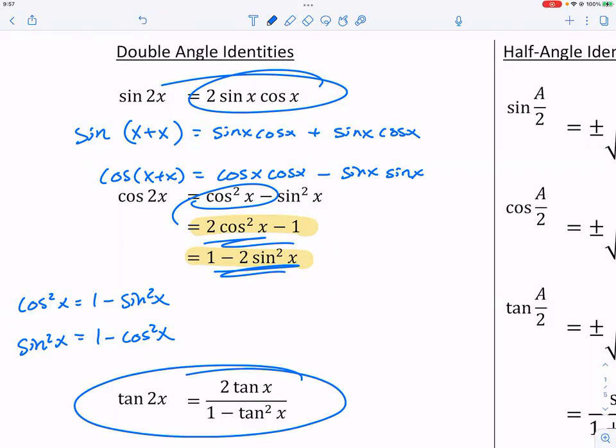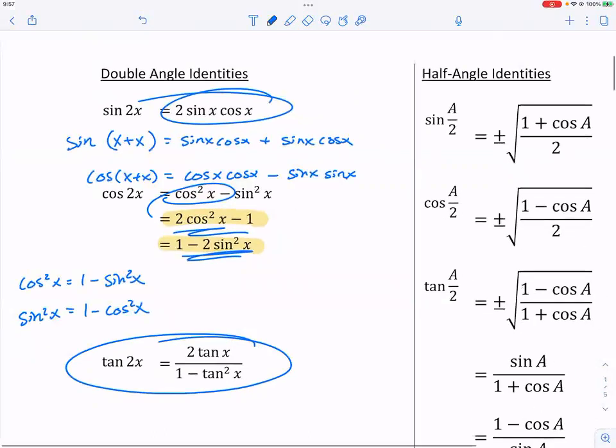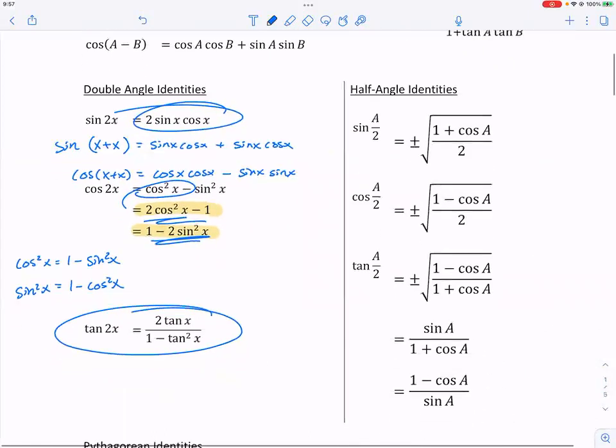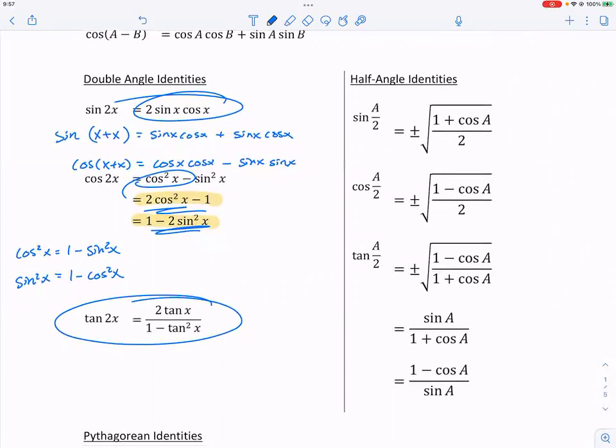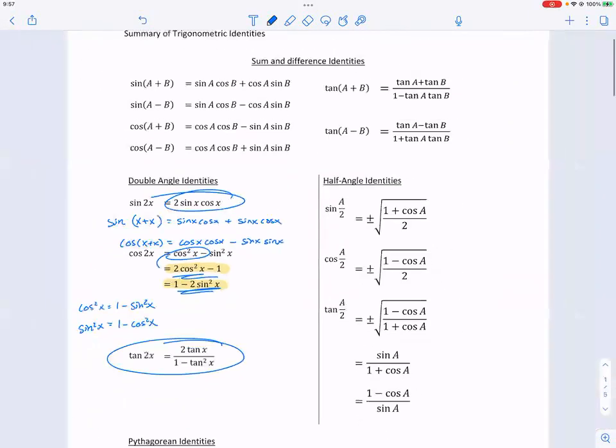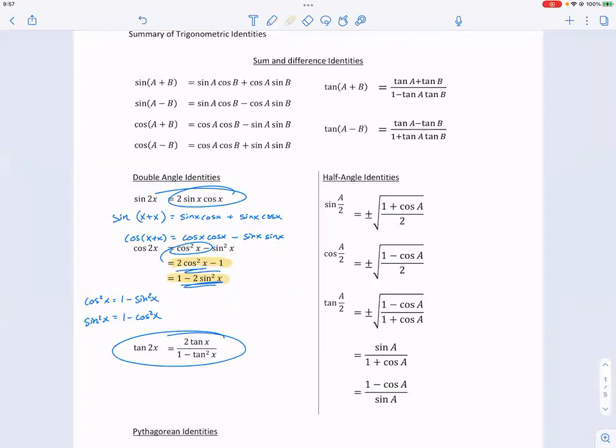Okay, so we'll do more tomorrow. It's really simple, just putting things together. The thing about the quiz is that this would all be given to you. You do not memorize this. So what you're responsible for is the sum and differences.